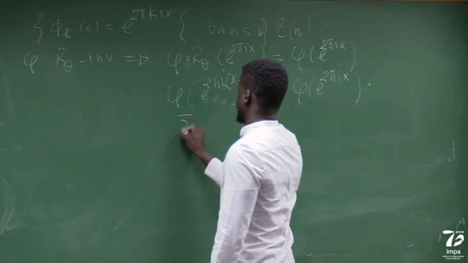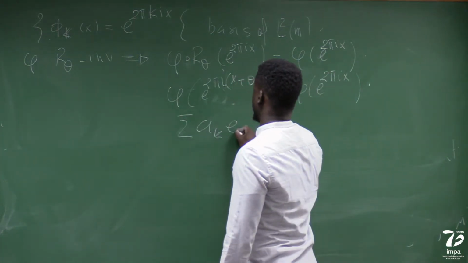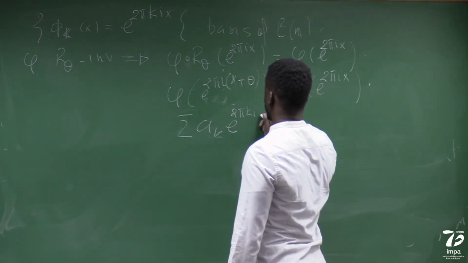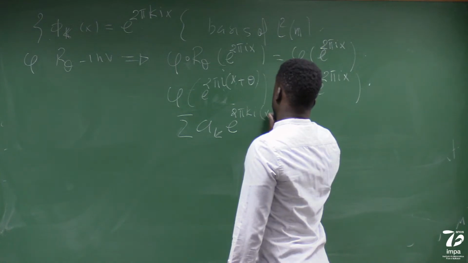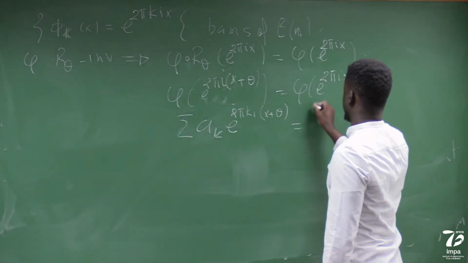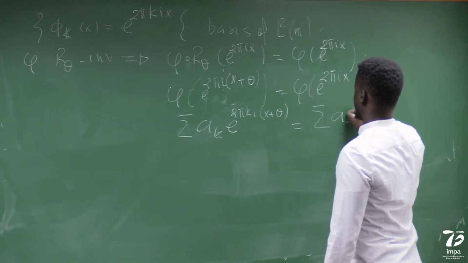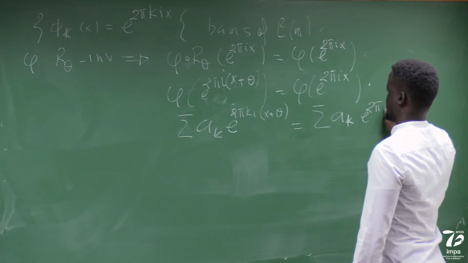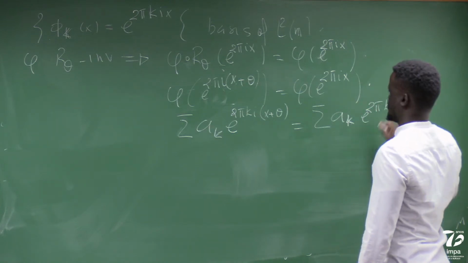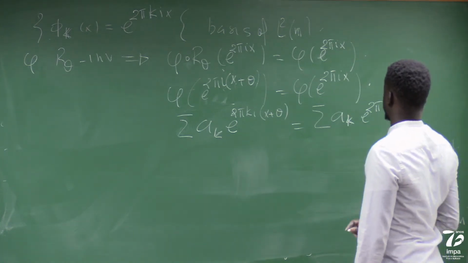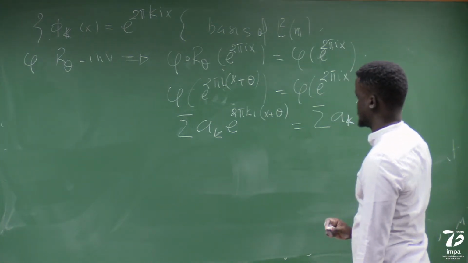And this is the sum of a_k exponential of 2 pi k i (x plus theta), which equals the sum of a_k e^(2 pi i k x). I think that's correct, yes.